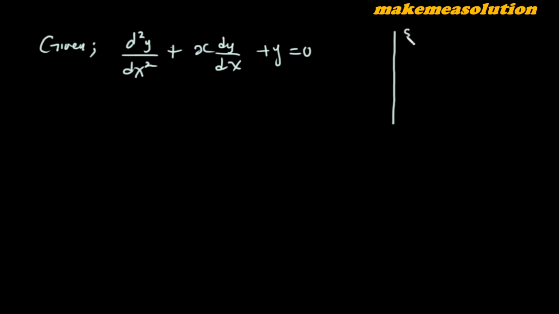Try to remember. Okay, d squared y over dx squared, then plus x dy over dx, then plus y equal to 0. There are steps that you should follow, so I'll just write the steps here. So step number 1, differentiate n times.